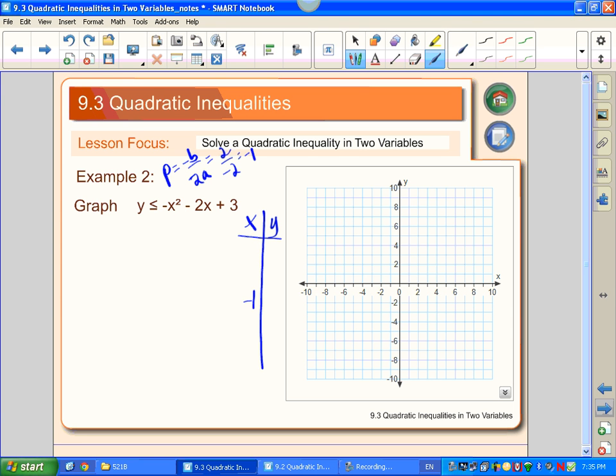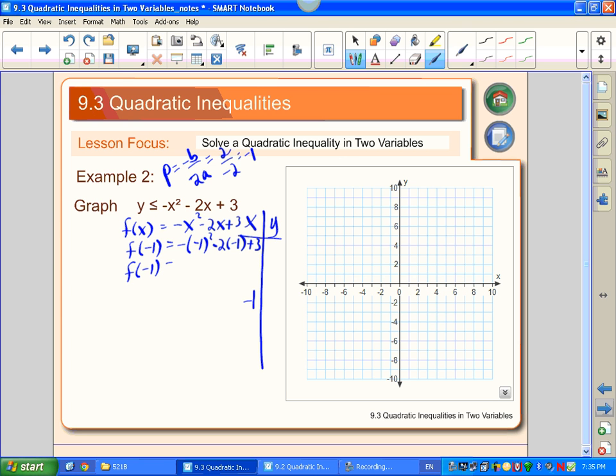And if I put negative 1 into my function, so this is my function right here, let's look at what it gives me.